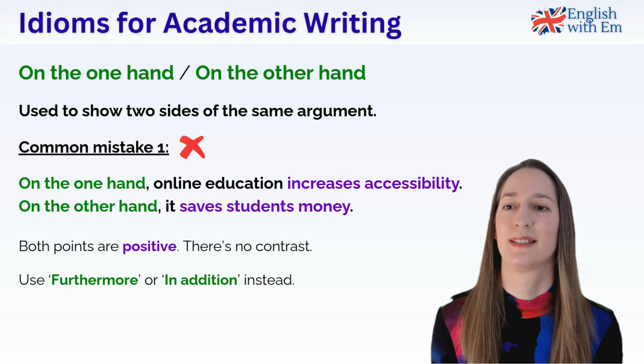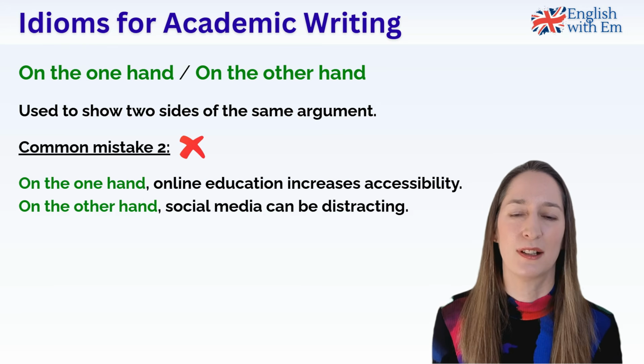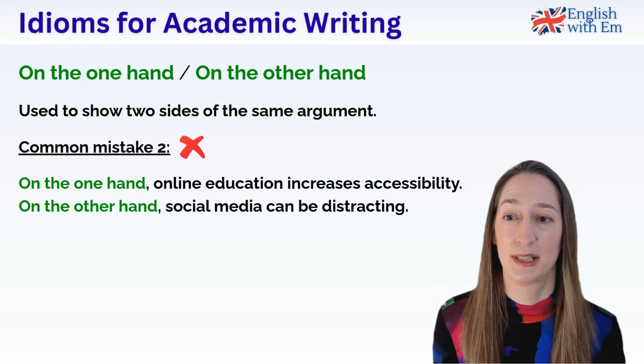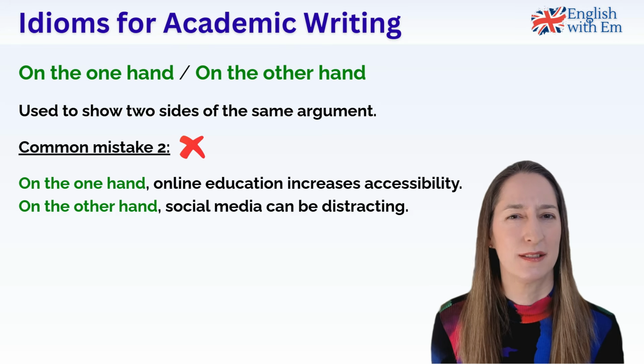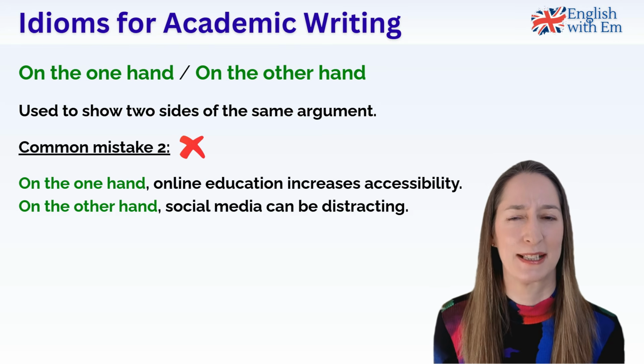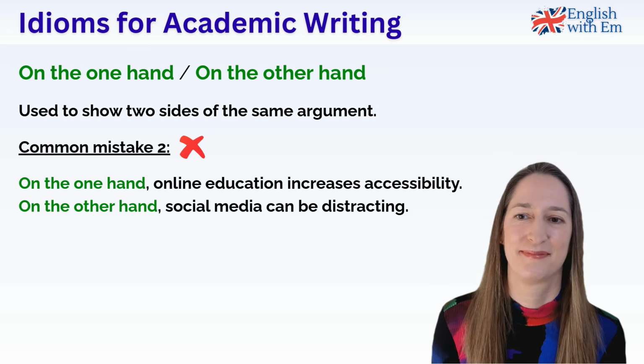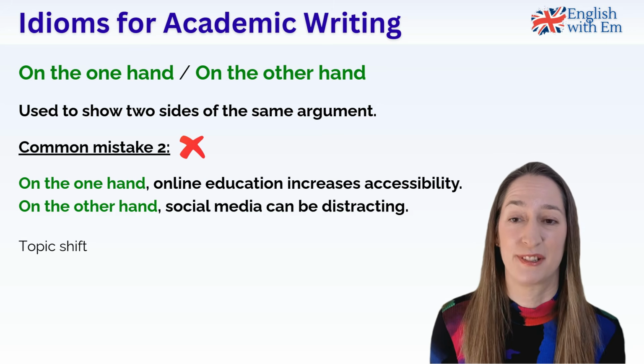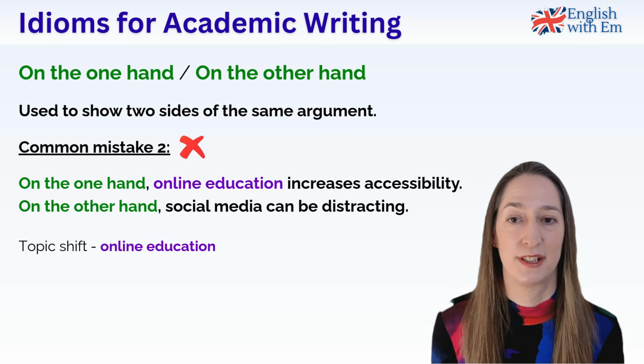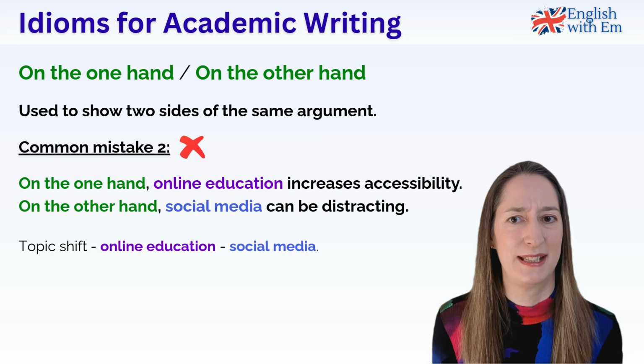Number 2, on the one hand, online education increases accessibility. On the other hand, social media can be distracting. So what do you think is the problem here? It's a topic shift. So we're talking about online education in the first sentence, and then we've switched to social media.